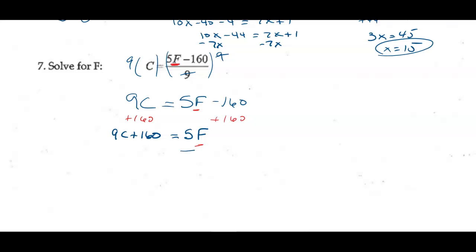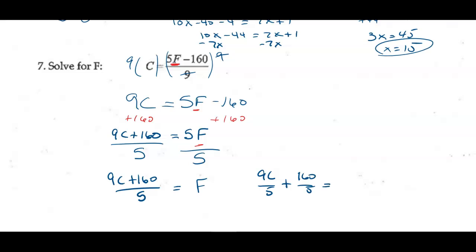My next step, divide out your 5. So f equals 9c plus 160 divided by 5, which could also be written as 9c over 5 plus, what's 160 divided by 5?